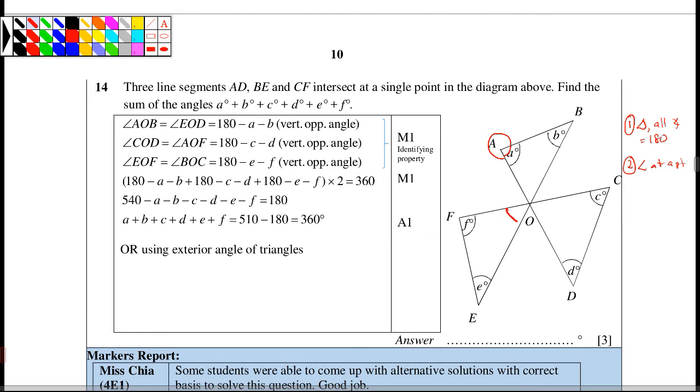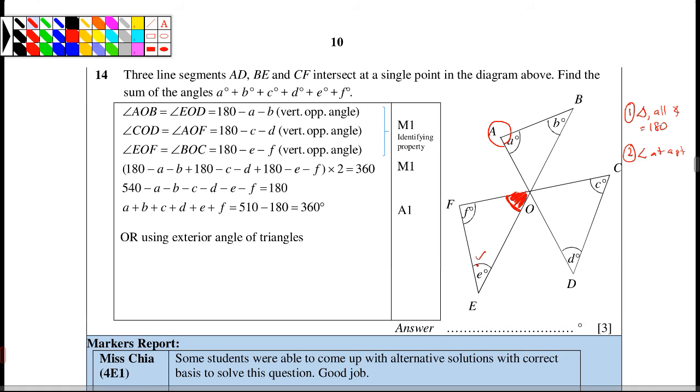So this angle, how to find? How to find the right angle? 180 minus E minus F. How to find this angle? 180 minus C minus D. How to find this angle? 180 minus A minus B.